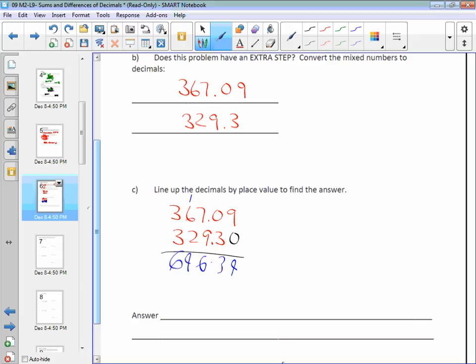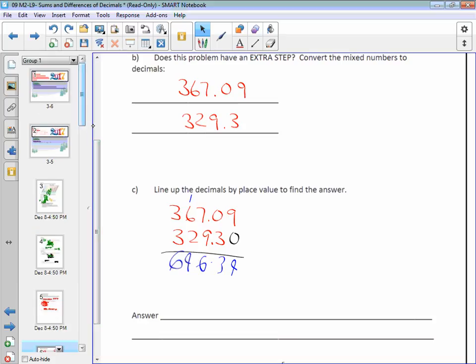Looks good. Any issues? How do you say it out loud? Tenths. Hundreds. Got it. Okay. All good?